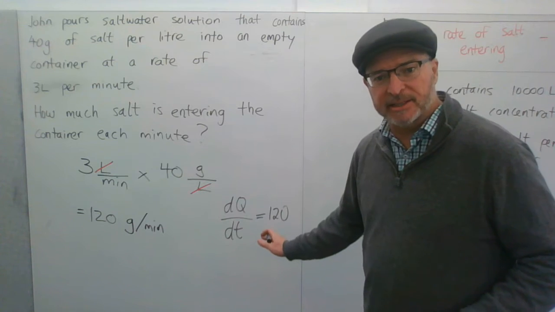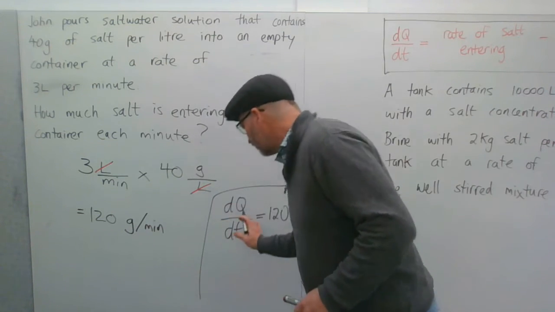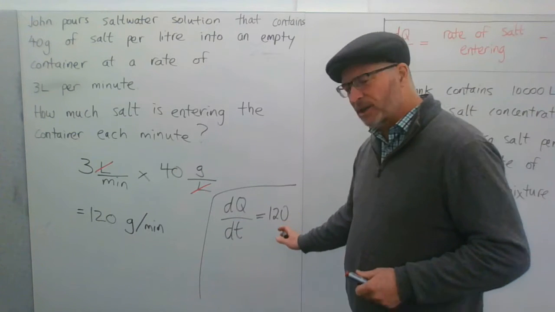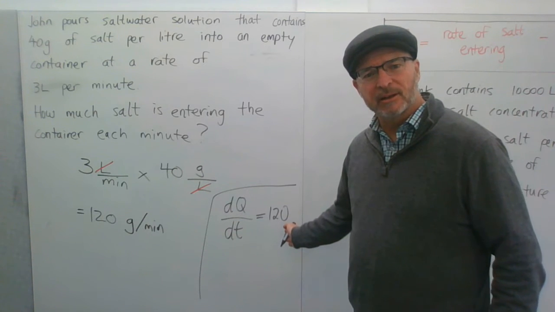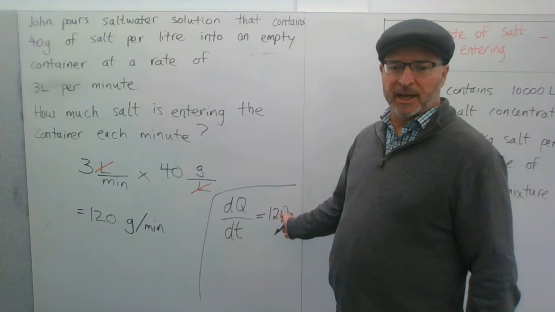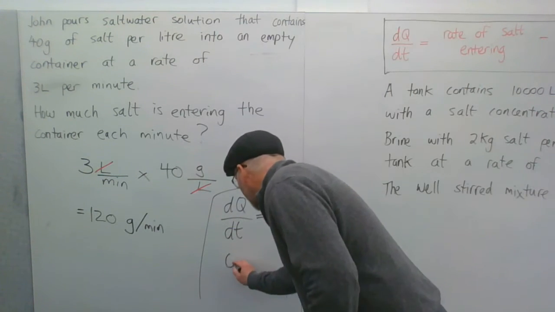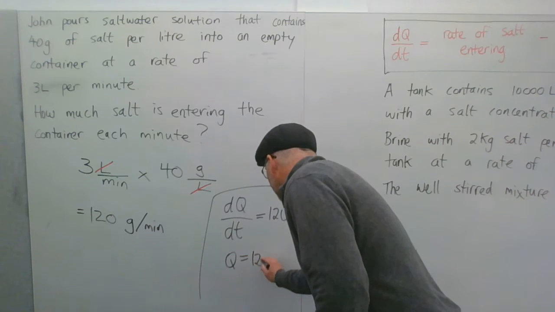And it's very simple to solve that differential equation for Q because it's just got a constant. So I could just integrate both sides with respect to T straight on up, and I would get Q is equal to 120T.